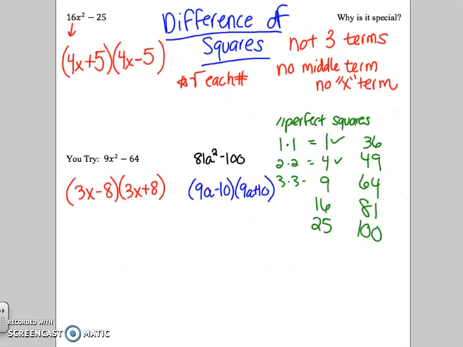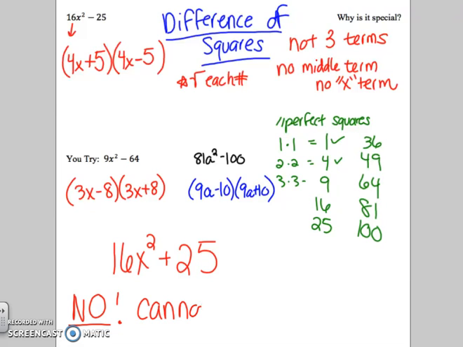Now, something to realize is if, for example, I had 16x squared plus 25. Can you do the difference of squares on this problem? And the answer is no. Okay? You cannot factor this problem at all. So you would say cannot be factored.